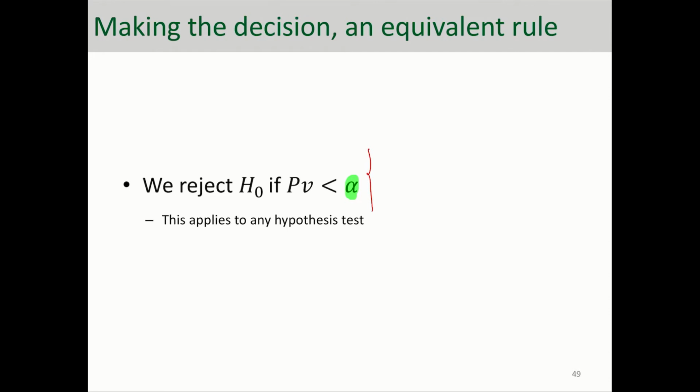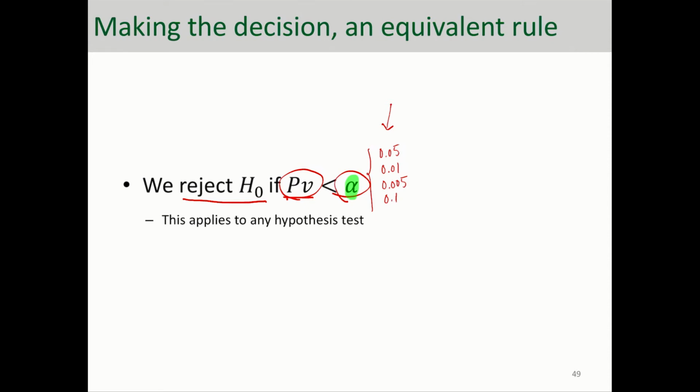Common alpha values are 0.05, 0.01, maybe 0.005, or 0.1. And if the p-value ends up being less than the alpha of your test, you would reject the null hypothesis. This is true for any hypothesis testing, two-sided, one-sided, anything. Once you calculate the p-value, you have to compare it with the alpha and make a decision.